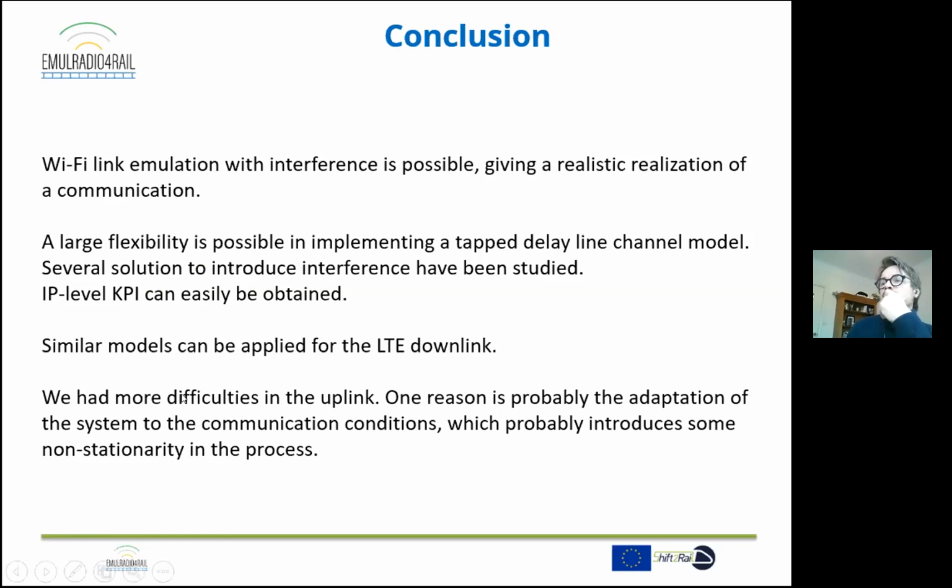So to conclude, the platform allows a lot of tests, a lot of flexibility in implementing the channel models, in implementing interference, and then we can define the models at IP level for KPIs. We have proposed a first approach for the jitter and the bandwidth in the case of Wi-Fi and the packet error rate in the case of LTE.